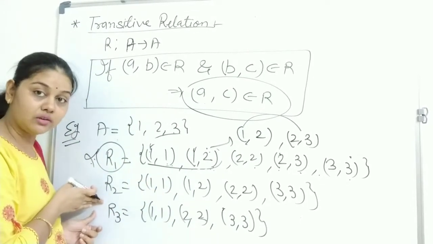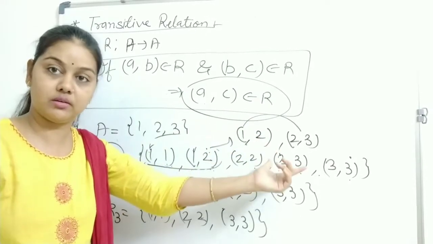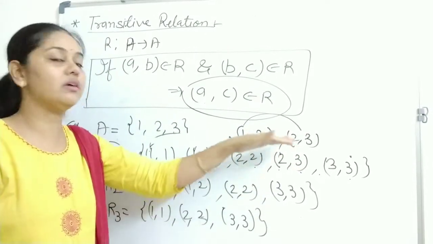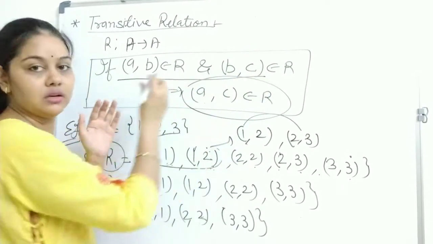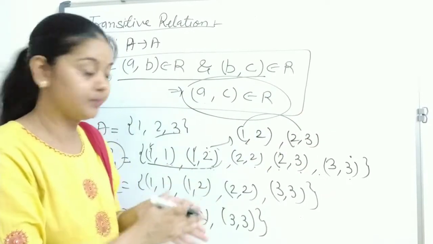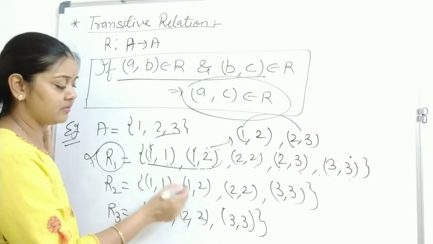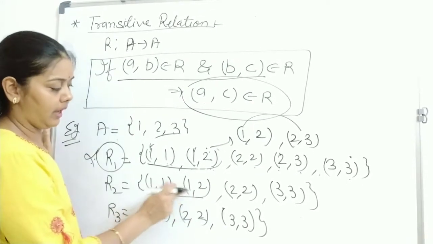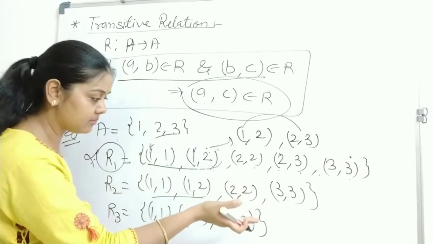Check in R2. Since there are some such elements, I have to check. But if I don't have such elements, it means the left hand side is not satisfied, so I need not satisfy the right hand side condition. Look at this: 1, 1; 1 is related with 2, there is no problem. And 1, 2; 2 is related with 2, and 2 is not related with any other element.